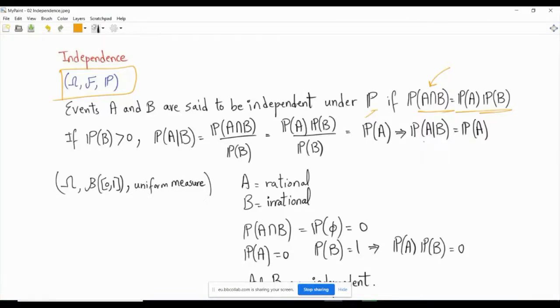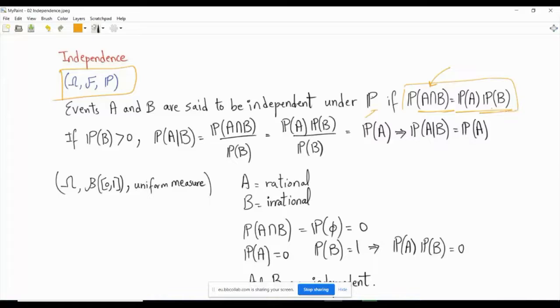So this is the mathematical and dry definition of independence. Again, two events are independent if the probability of their intersection is exactly equal to the product of their probabilities. Okay, and this is the main definition.